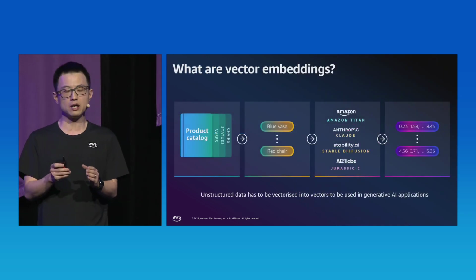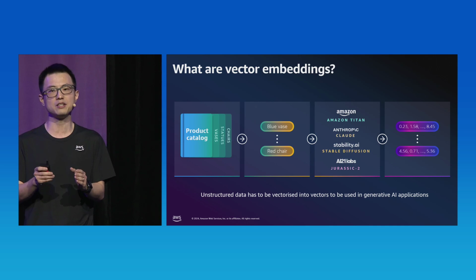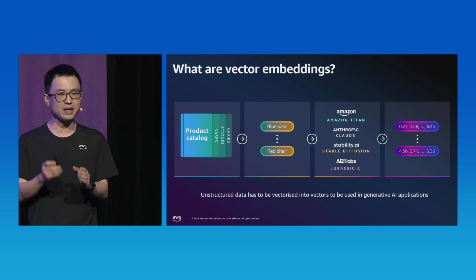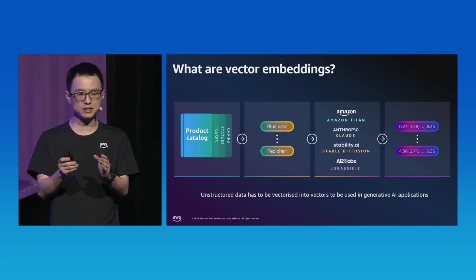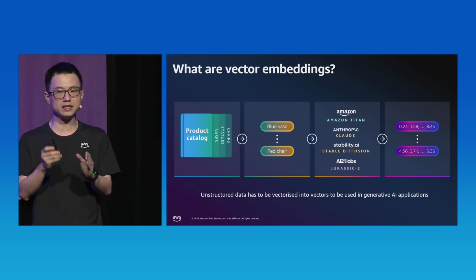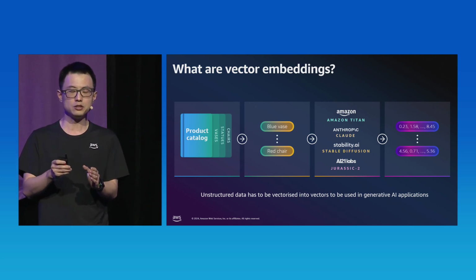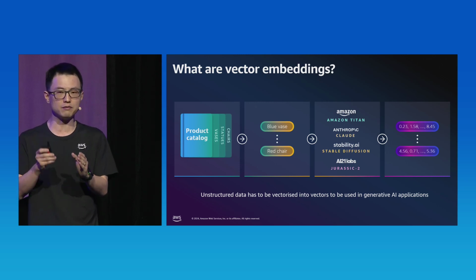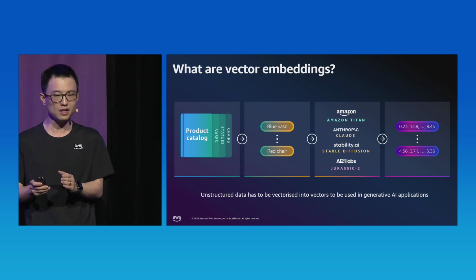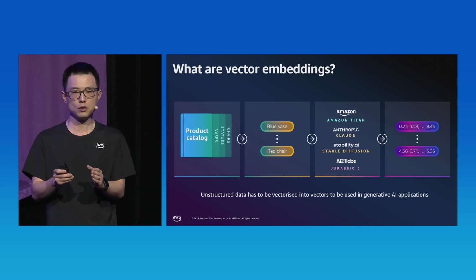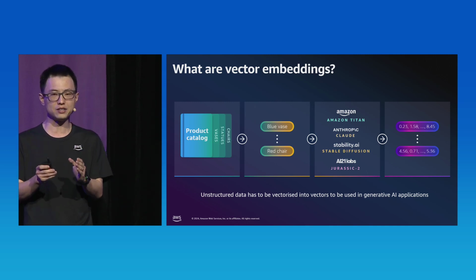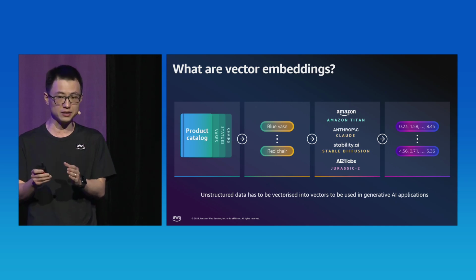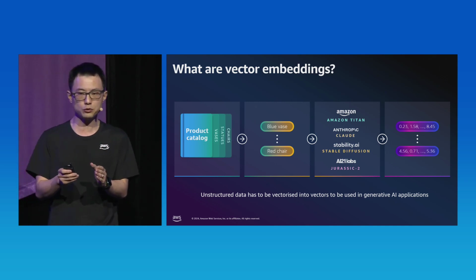A critical part of the RAG framework is vector embeddings. Basically, we translate all the unstructured data in your knowledge base into vector embeddings. Using these embeddings, we can perform similarity search to find the content or context relevant to your questions.